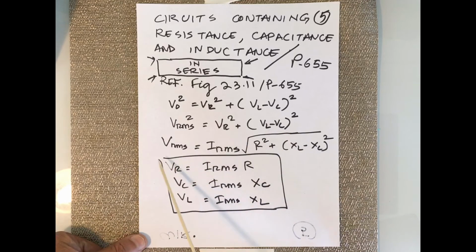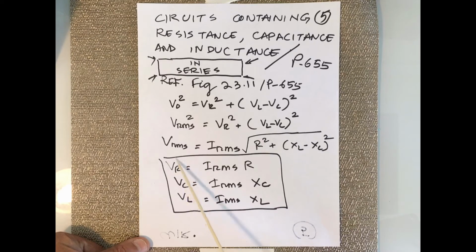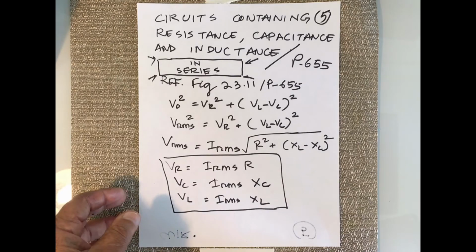Now we can write in terms of RMS: VRMS equals IRMS times the square root of R squared plus (XL minus XC) squared. Now look at all these three relationships I wrote here, which are VR, VC and VL. From here we derive this equation here on the top.